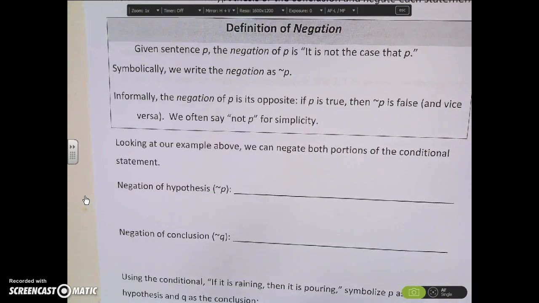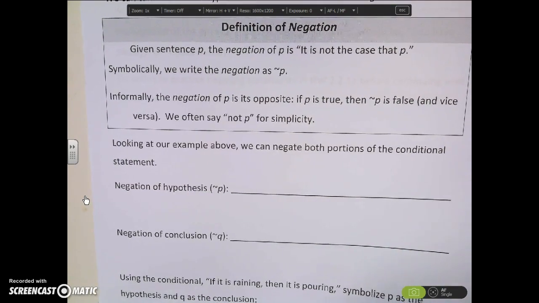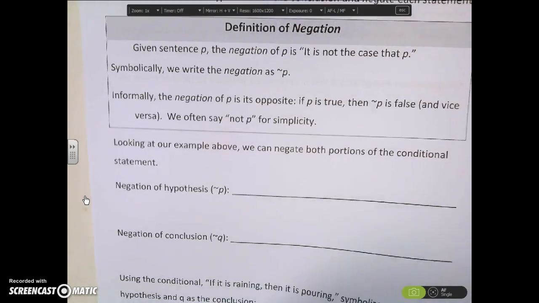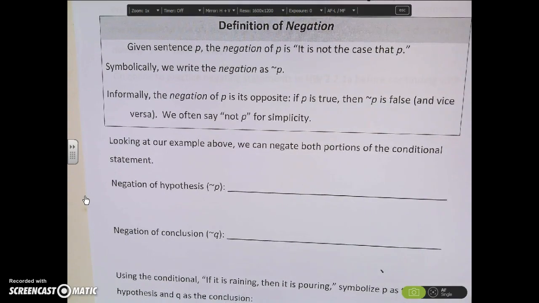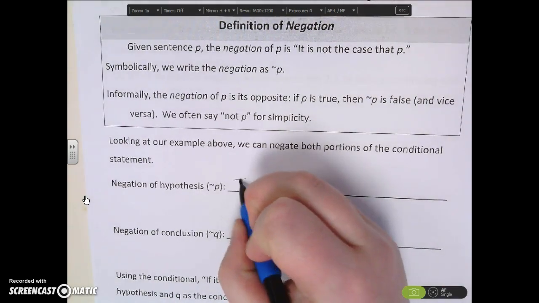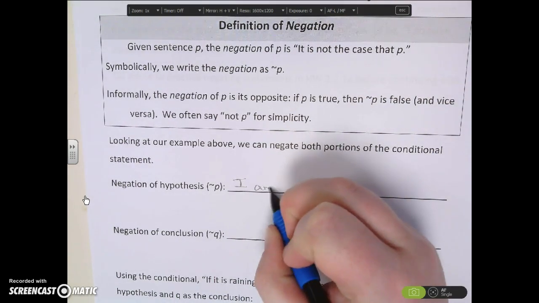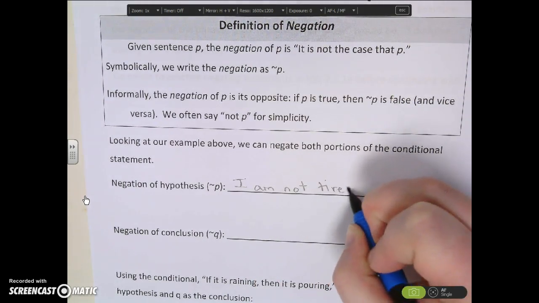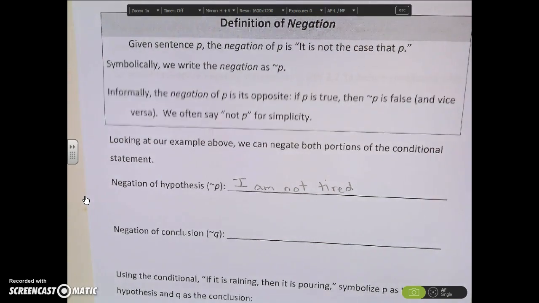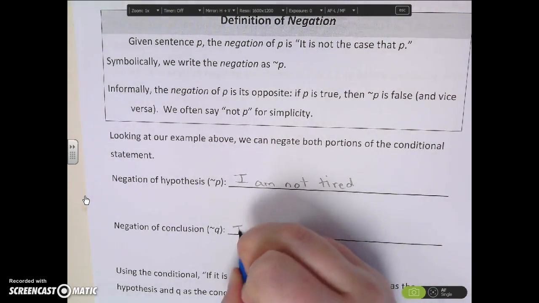So from before, the hypothesis was I am tired, so the negation of my hypothesis would be I am not tired, and the negation of the conclusion would be I will not go to sleep.